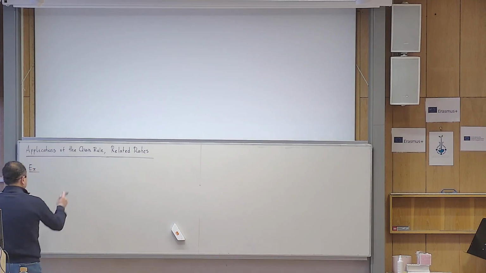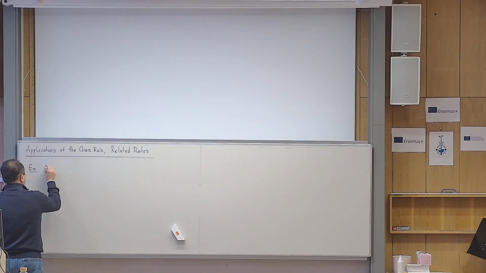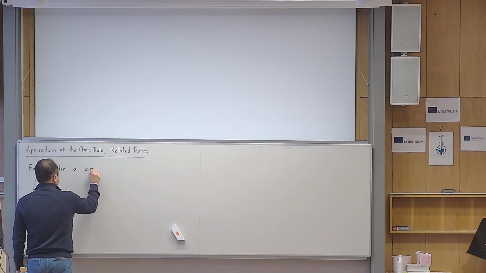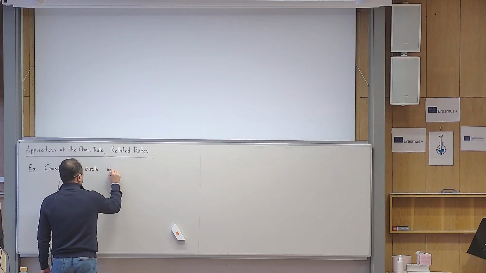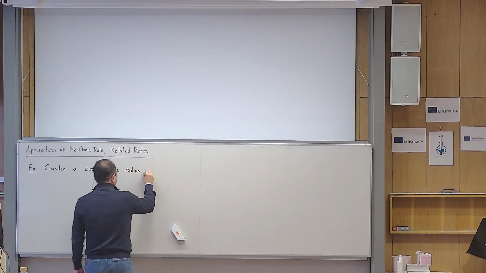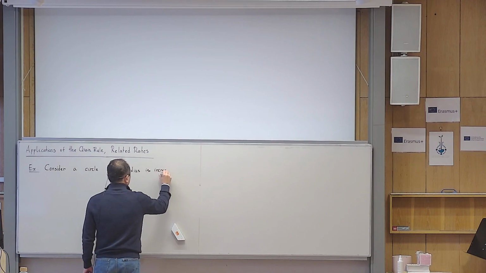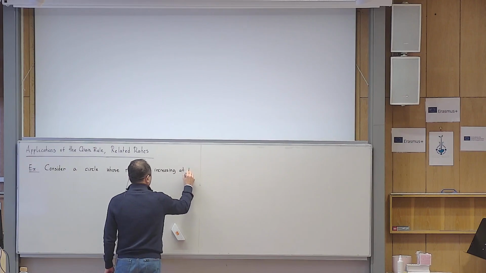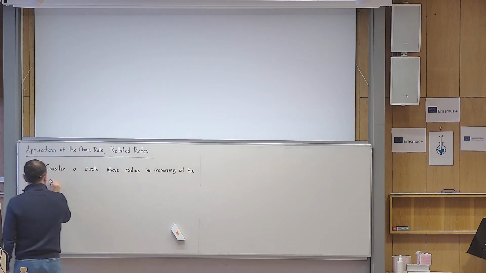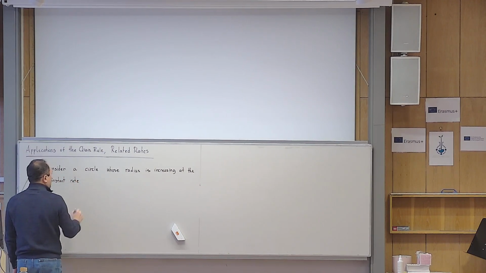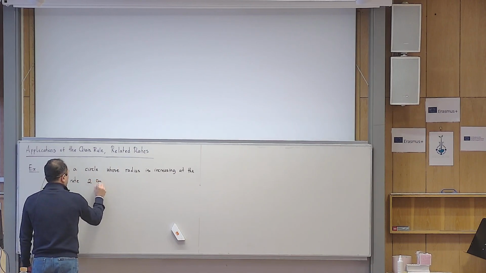So I would say, let's consider a circle whose radius is increasing at the constant rate 2 centimeters per minute.